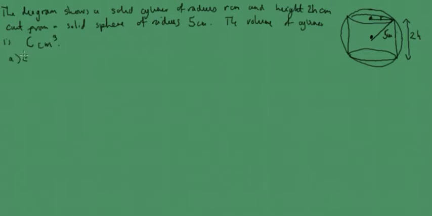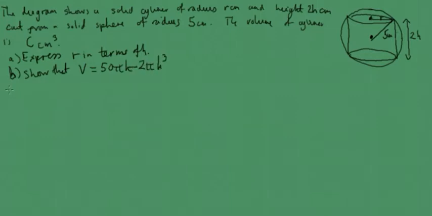Firstly, express r in terms of h. Secondly, show that the volume is equal to 50 pi h minus 2 pi h cubed.